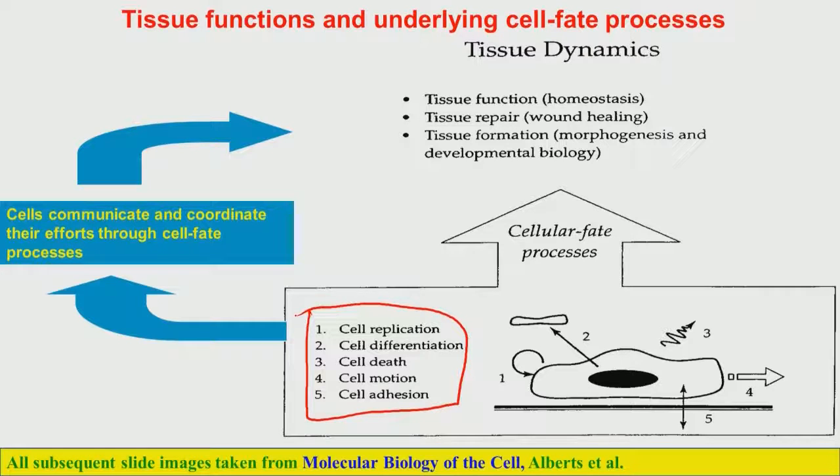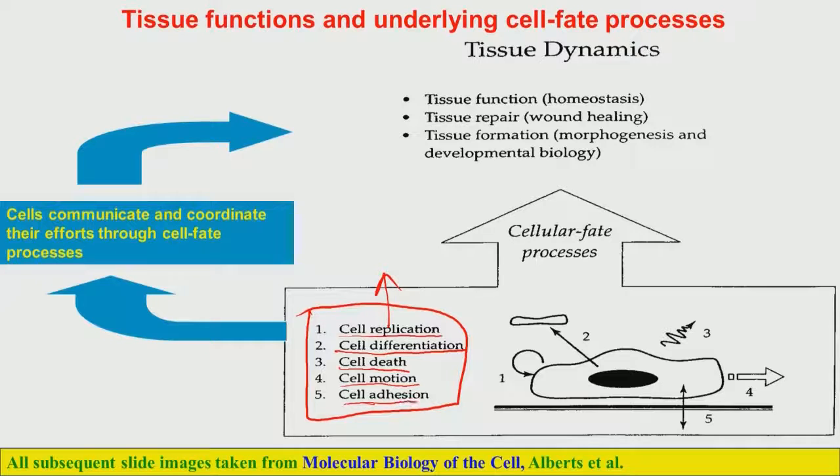Each of these cell fate processes may have been mentioned very briefly in some of the earlier modules. Replication means a mother cell gives rise to 2 daughter cells, so 1 to 2, 2 to 4. Differentiation means differential gene expression, that is, a cell is transformed to a more mature cell type. Cell death means certain signaling molecules or signaling processes are removed from the cellular microenvironment, so that the cell can undergo programmed cell death, as well as necrosis, which is accidental cell death.